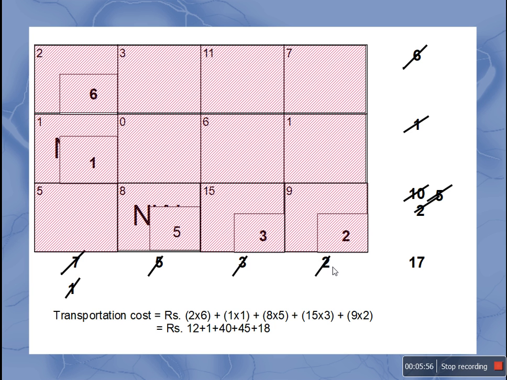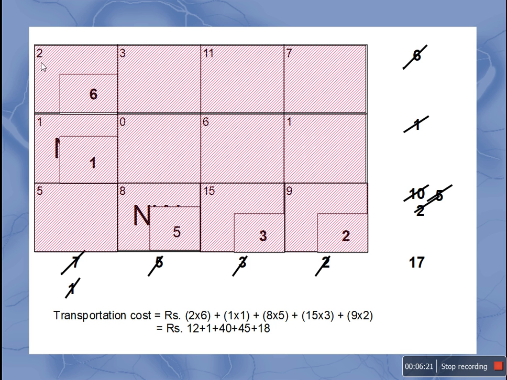So we have verified the allocations, and the total allocation values sum up to the total value 17. 6 plus 1, 7; 7 plus 5, 12; 12 plus 3, 15; 15 plus 2, 17, which is equal to this number.